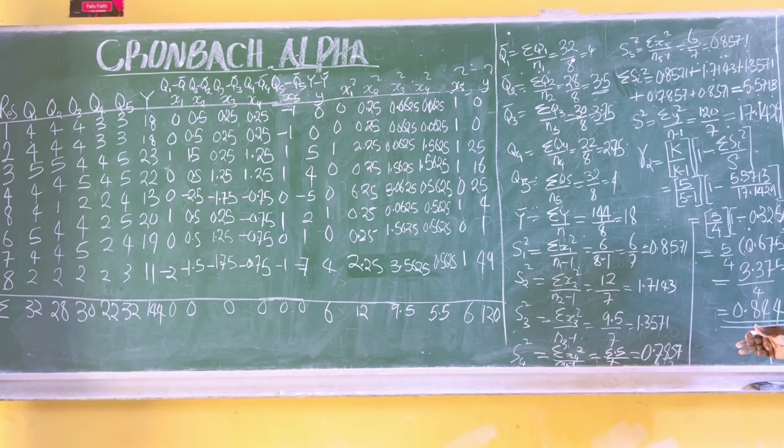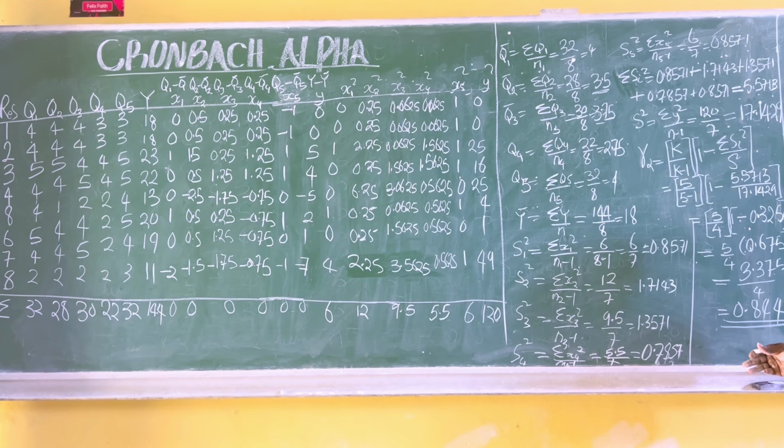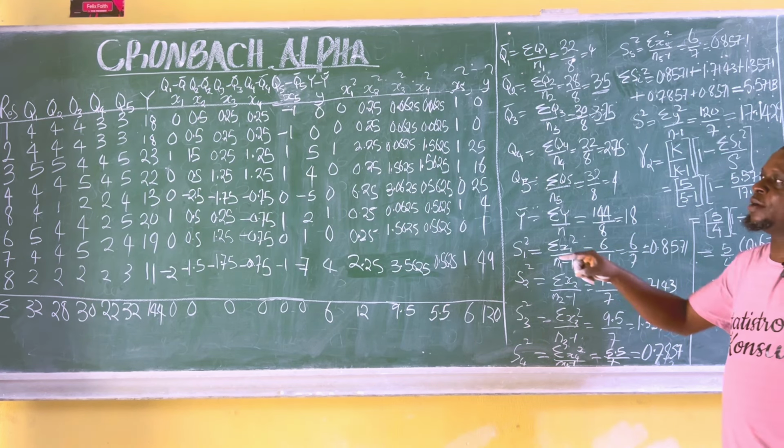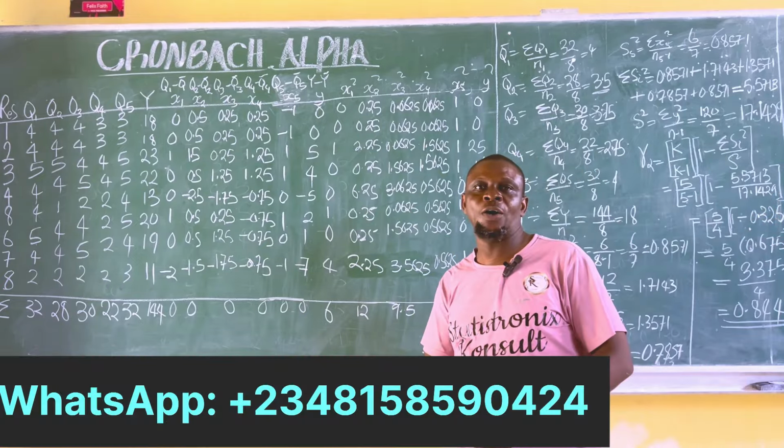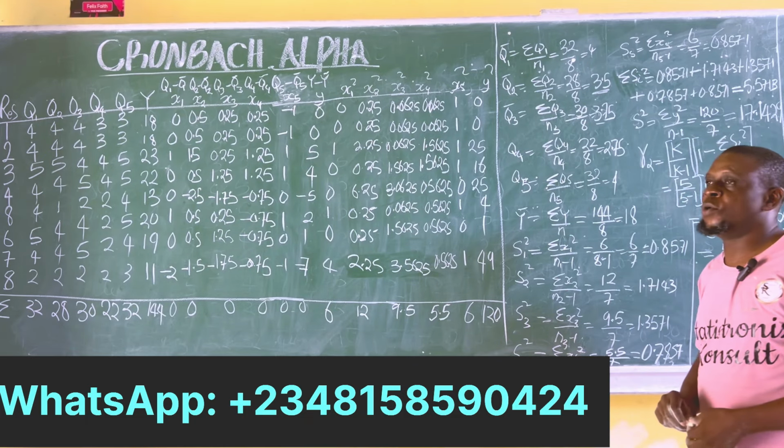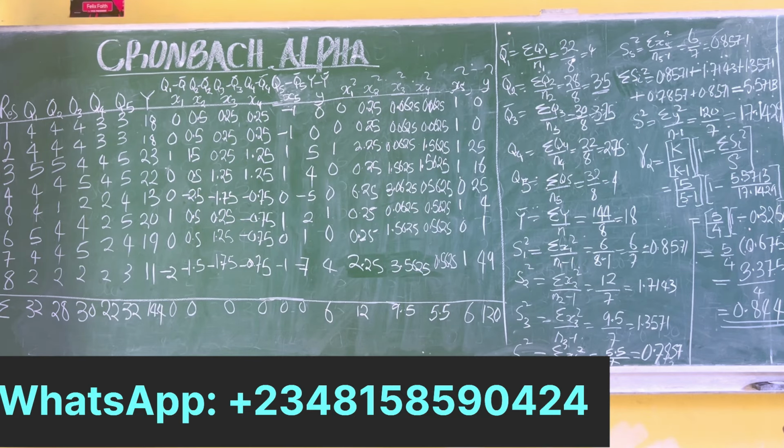But from 0.7, we say that the scale is acceptable. Now, when you have 0.8 to 0.89, we say the scale is good. And what we have computed is between that range, 0.8 to 0.89. That's why we have this 0.844. So we are going to conclude that the scale which we have used in measuring our preference for fast food outlet in Port Harcourt is actually good.